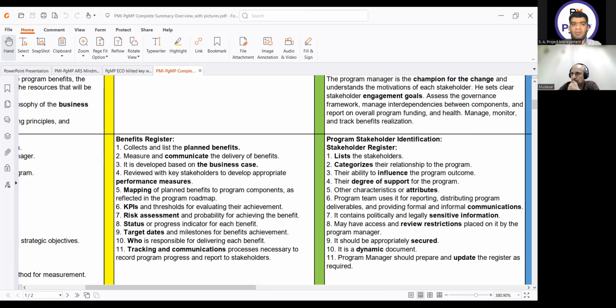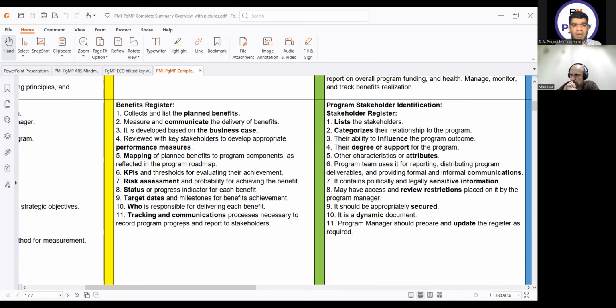Also in the ECO, we have seen that we are recording the program progress in the benefit register, which will tell you what benefits have been delivered, what is remaining to be delivered, what needs to be done. Target dates and milestones for benefits achievement, who is responsible for delivering each benefit, tracking and communications processes necessary to record program progress and report to the stakeholders.